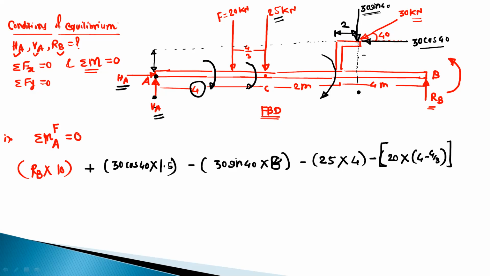Because these two forces, or two reactions, are passing through the point A, there is no perpendicular distance and therefore moment is 0. So equate this complete equation to 0, and then in this equation there is only one unknown, which is the reaction RB. So we can find out the reaction RB.